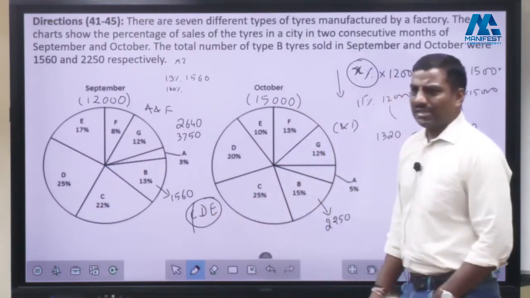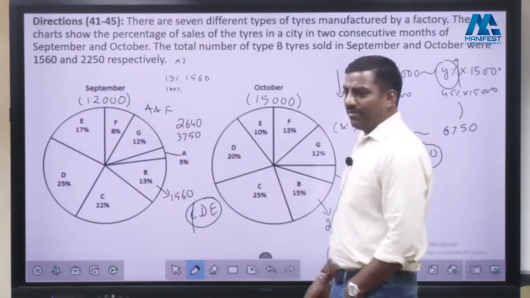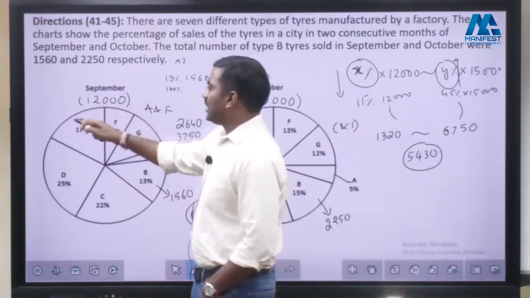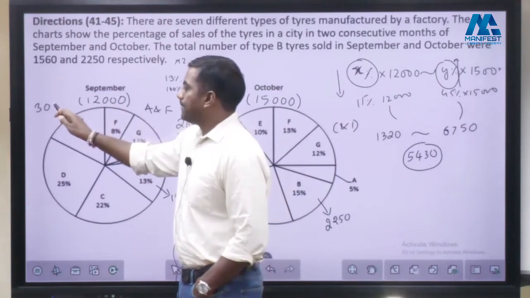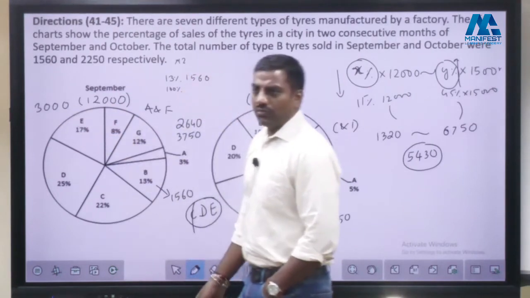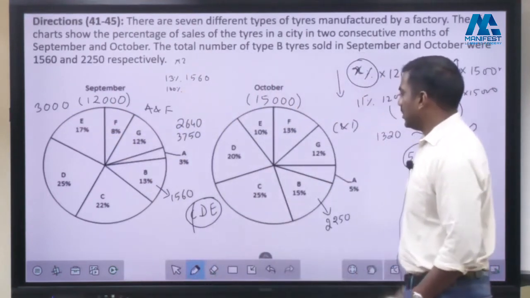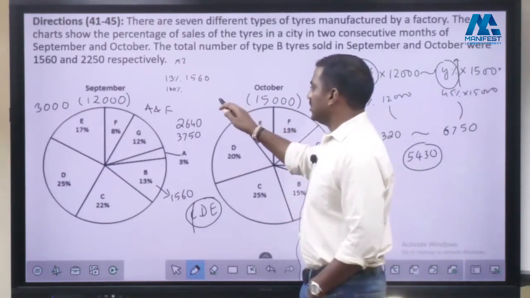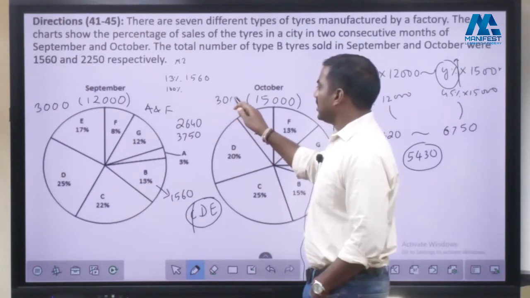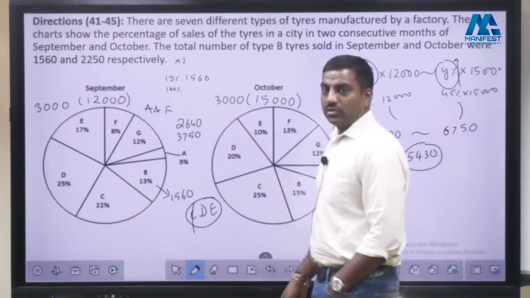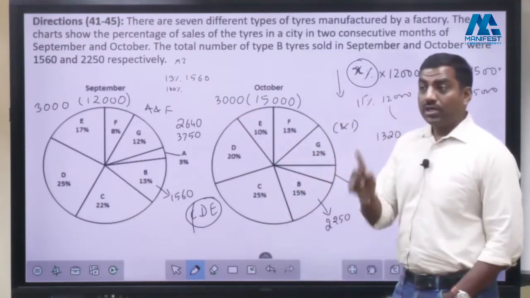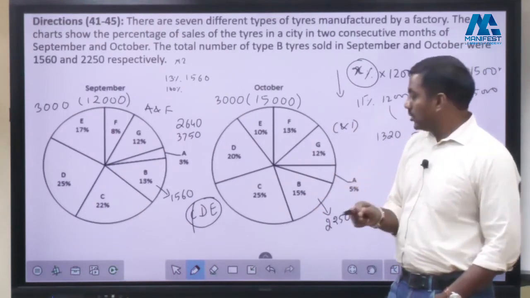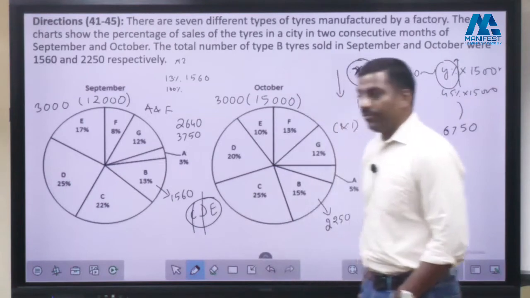Now see D, 25% of 12,000 is 3,000. 1/4 of 12,000 is 3,000. Then 20% of 15,000 is 3,000 only. So same. They have told dropped, not same. Fallen, not same. So we can't consider D.